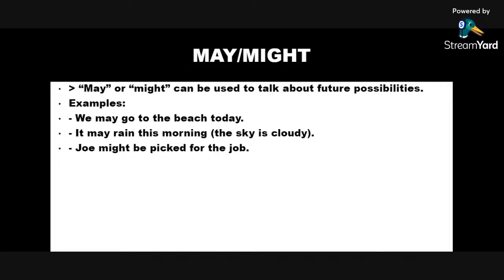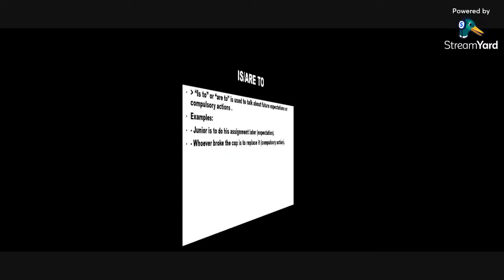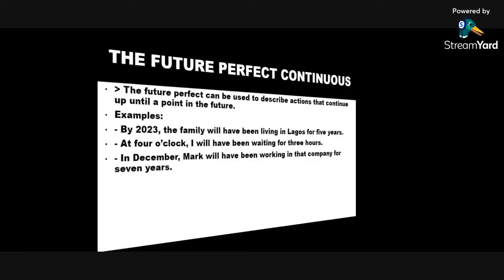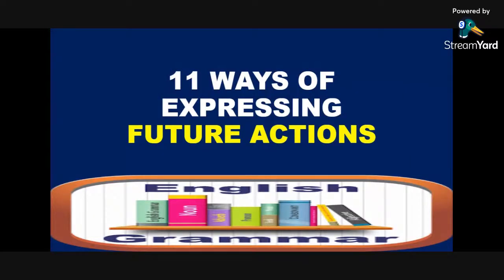And that is why we have been able to look at it today. So I hope you enjoyed today's lesson. We have discussed 11 ways. Wow, 11 ways of expressing future actions.